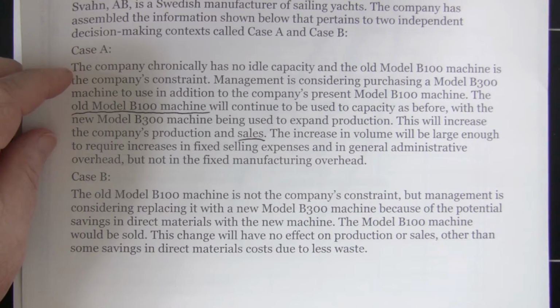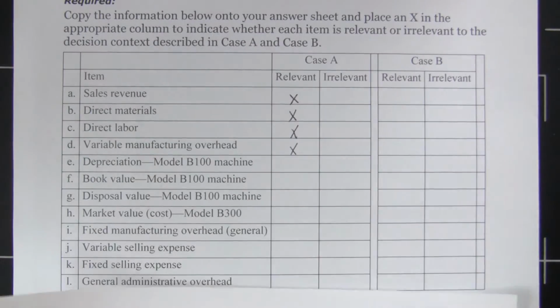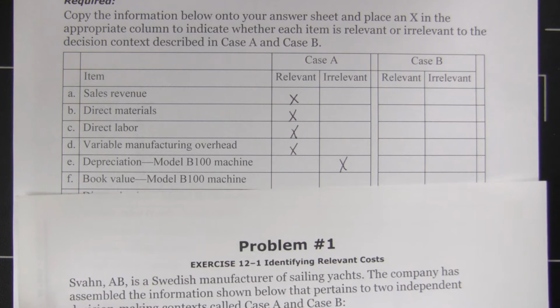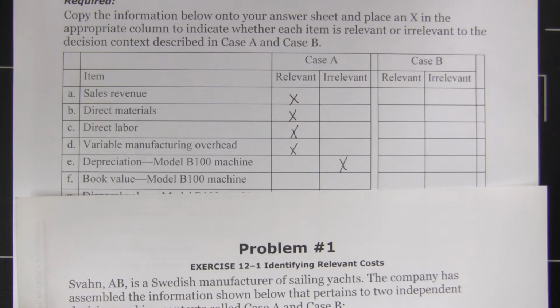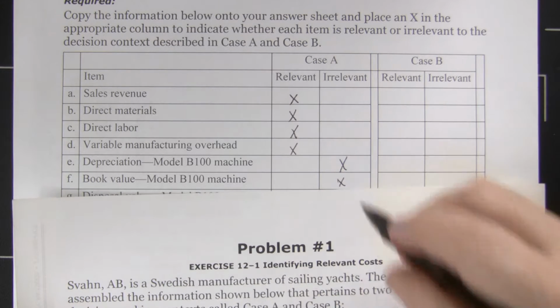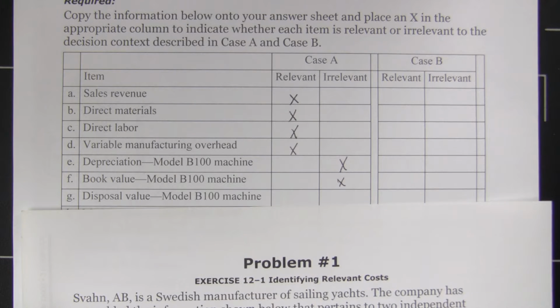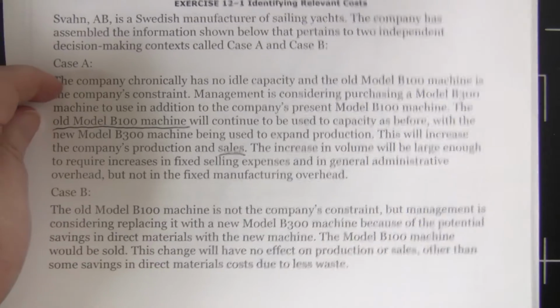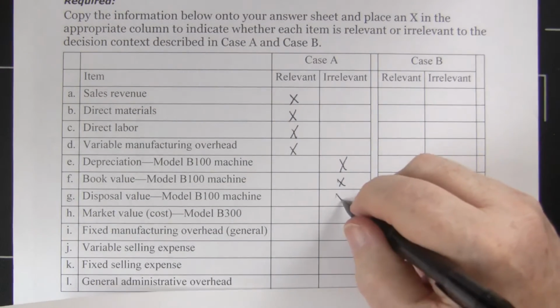If we're not depreciating it now, we won't depreciate it then. That won't change. That's irrelevant. The book value of the machine will stay the same if we use it or not use it. It's not going to change, so that's irrelevant. The disposal value, again, because we're going to keep it, is irrelevant.